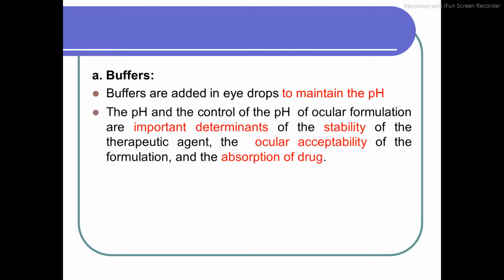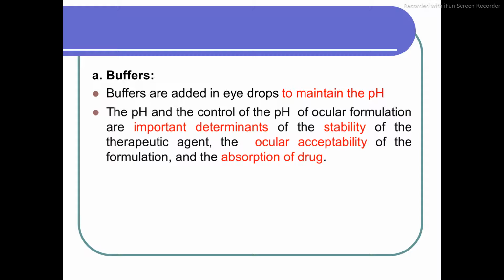Second one, it helps in the ocular acceptability. Ocular acceptability means, suppose highly acidic pH eye drops are not acceptable because they may cause eye irritation. So once you maintain the pH by adding the buffer, that can improve the ocular acceptability.